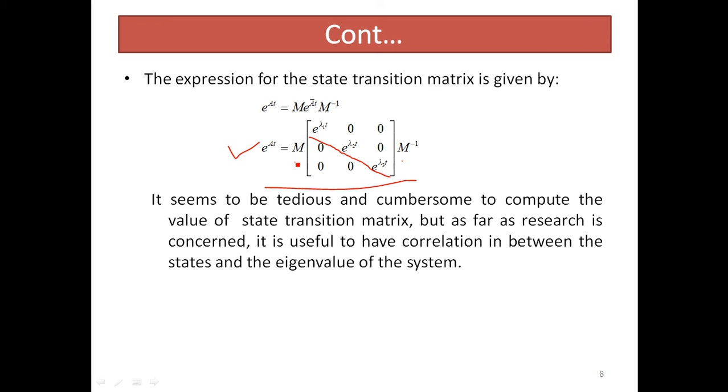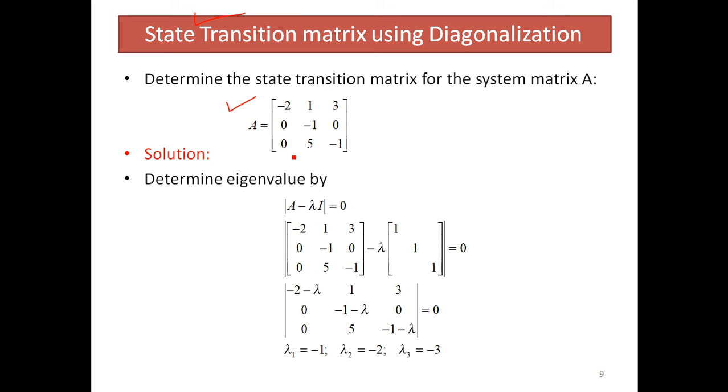Once you determine M, you can calculate M inverse, and in this way you would be able to determine the state transition matrix. It's so simple. And what is M? This is the modal matrix. Its column elements are the eigenvectors.